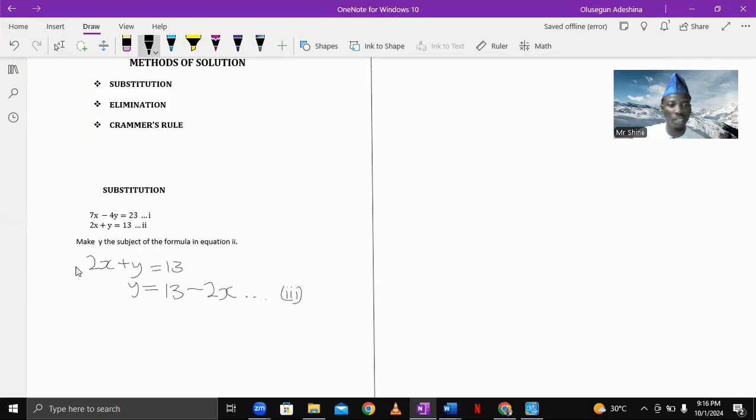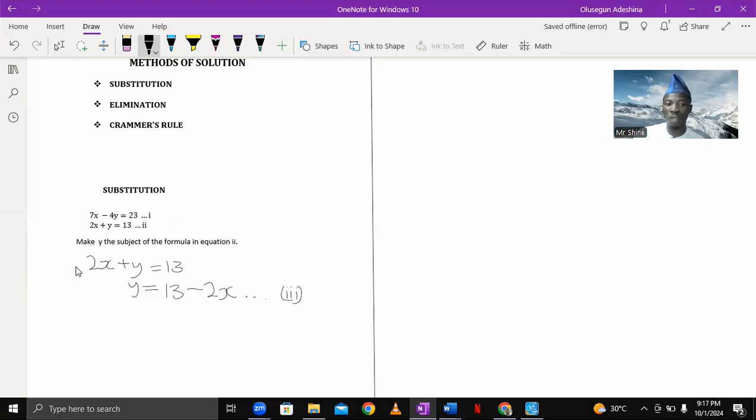So what is the next thing to do? The next thing to do is to put the whole of this expression, y equals 13 minus 2x, in equation 1. We put this new y expression in equation 1, meaning that anywhere we see y in equation 1, we are replacing it with this new expression, 13 minus 2x.